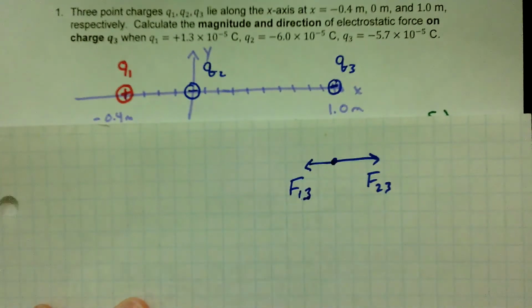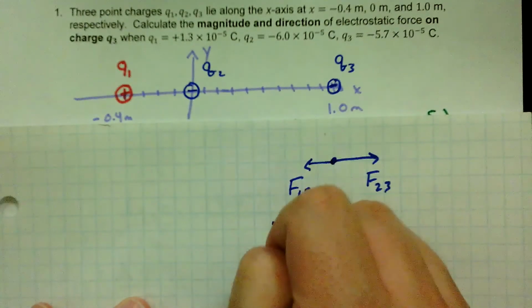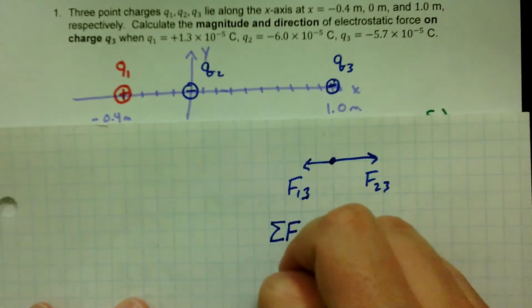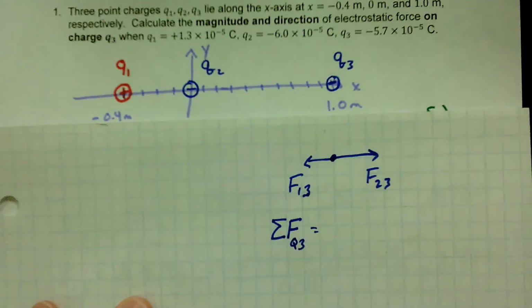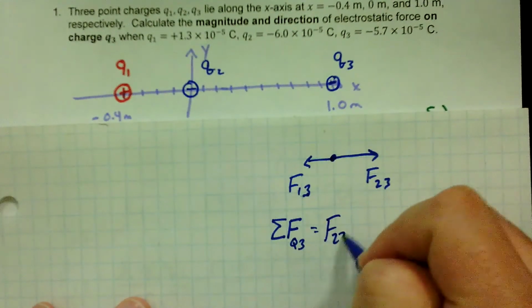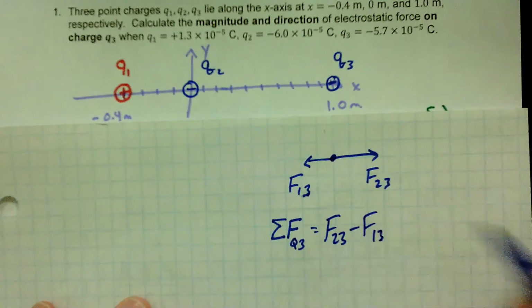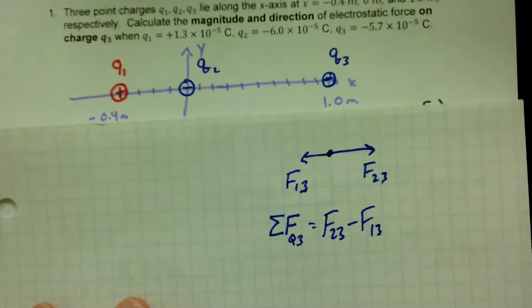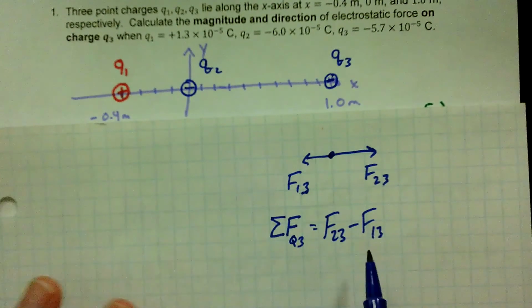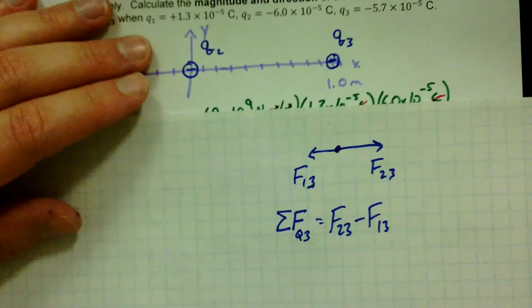So what is the net force on charge 3? Well, it would be F23 minus F13, right? And this is why, by the way, I want you to ignore negatives, because we want to take care of the negatives at this point. I don't want to take care of negatives before this point.